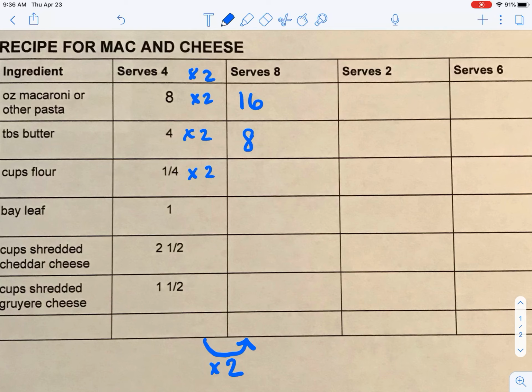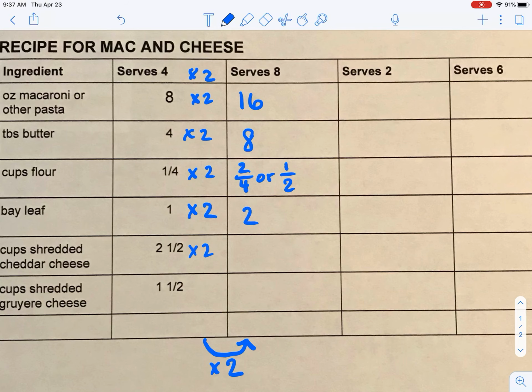And then 1/4 times 2 would be 2/4 or 1/2 of a cup of flour. I would need 2 bay leaves.